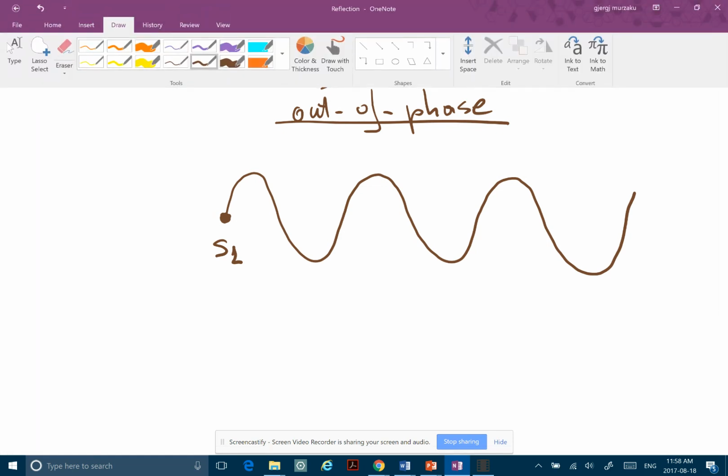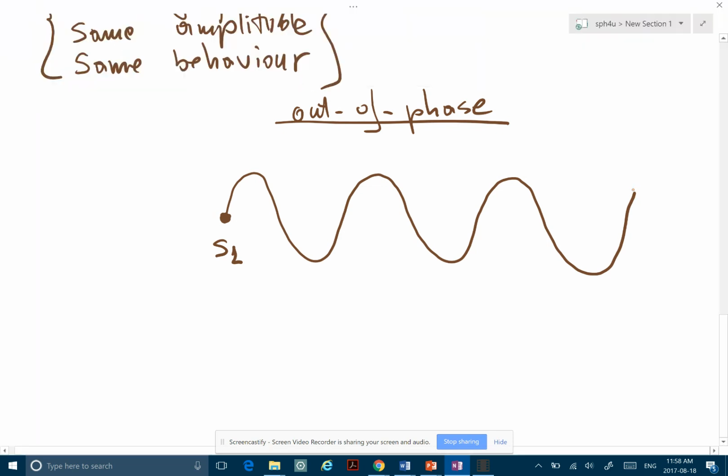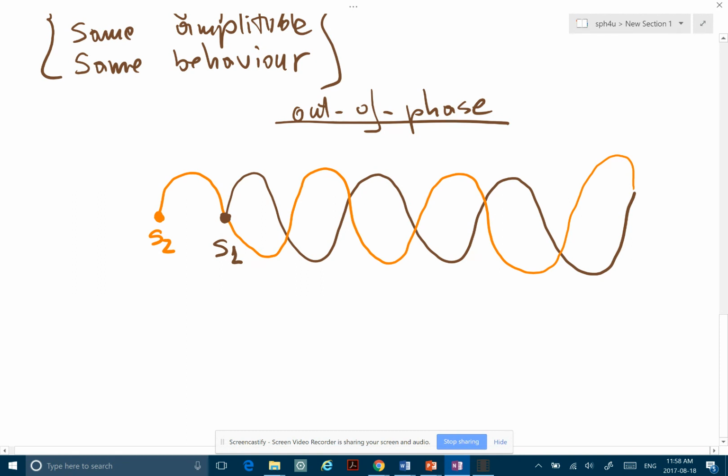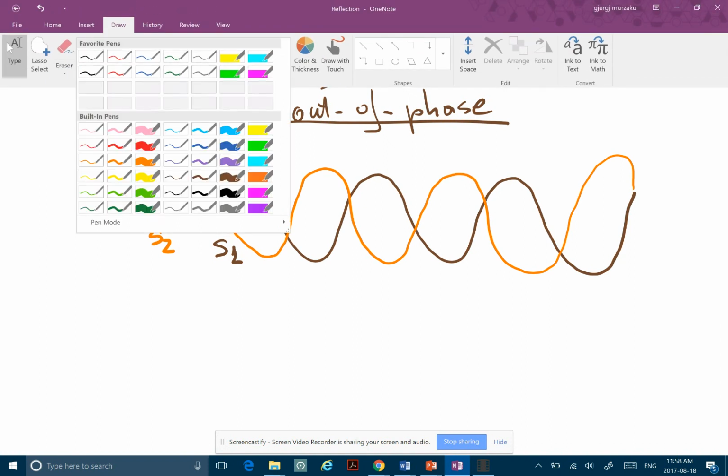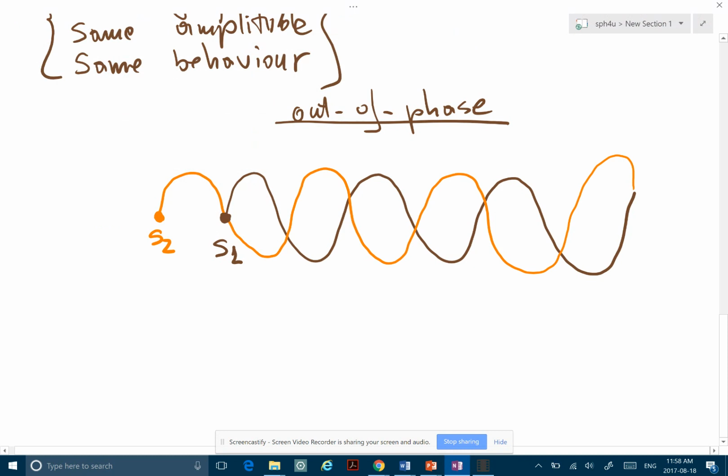And we have another one, let's use the same color, but now the other one is completely the opposite. Remember, S1 and S2 have to be coherent sources, so they both have started in the same way and both have the same frequency, the same amplitude. As you can see, the two waves are behaving completely the opposite, right? When one is up, the other one is down, okay?